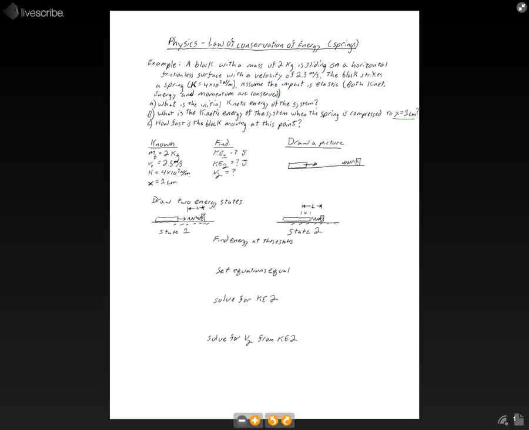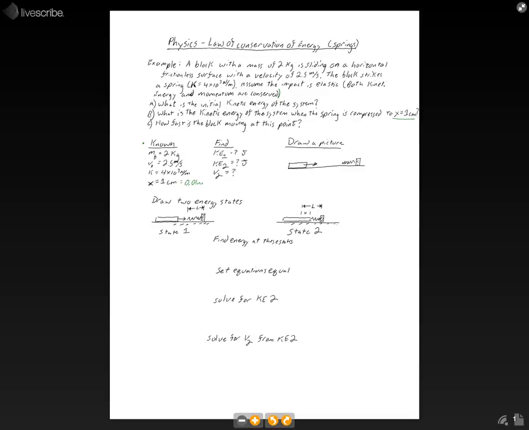So, as with all problems, the first thing we should do is find out what we know about this problem. Our knowns are: the mass of the block is 2 kilograms, the initial velocity is 2.5 meters per second, the spring constant is 4 times 10 to the third newtons per meter, and the displacement is 1 centimeter, which is also equal to 0.01 meters.